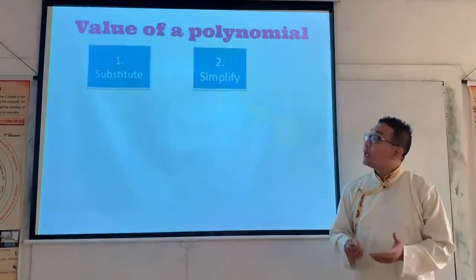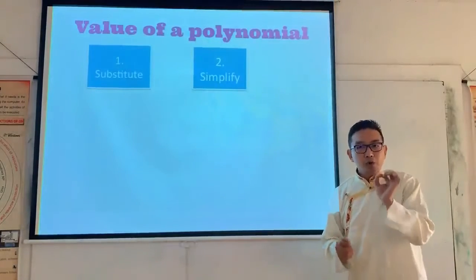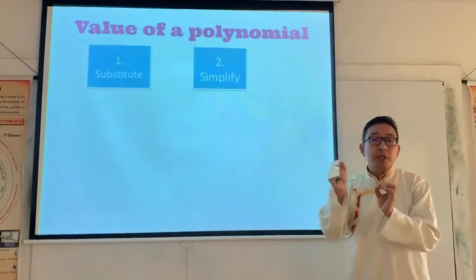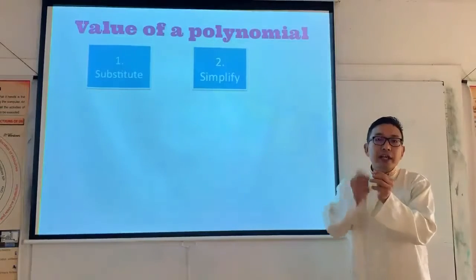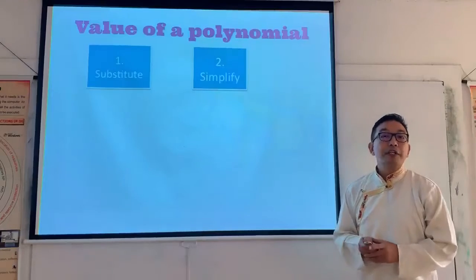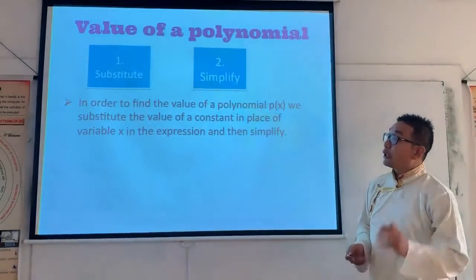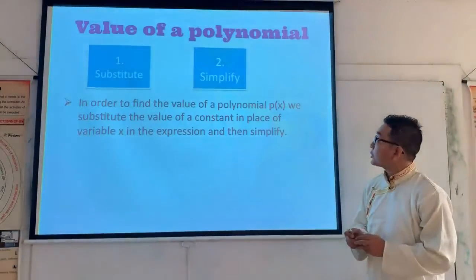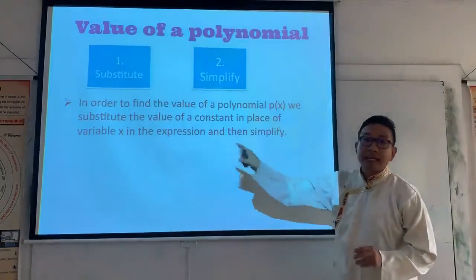Simplification. To find the value of a polynomial p of x, the polynomial p of x has a variable, and we substitute the value of a constant in place of variable x.